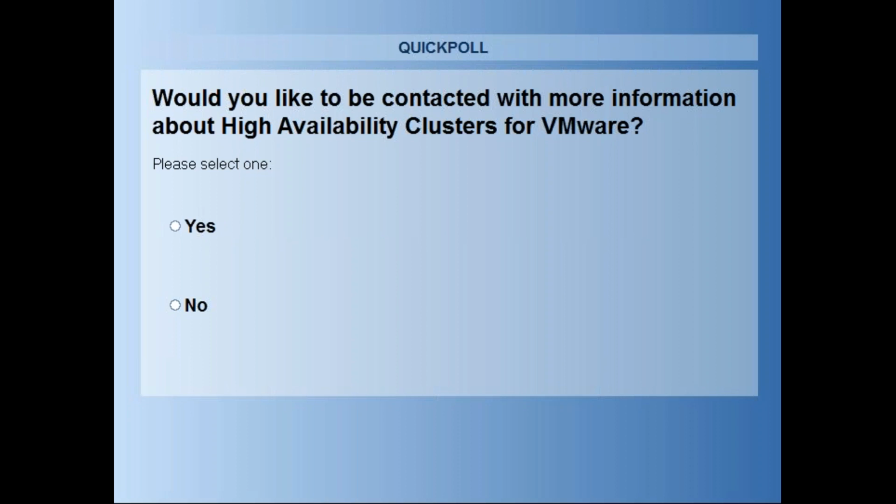Or if you signed up for five nines of SLAs, VMware HA alone is not going to be your solution. So having open and frank discussions without it getting heated is difficult.